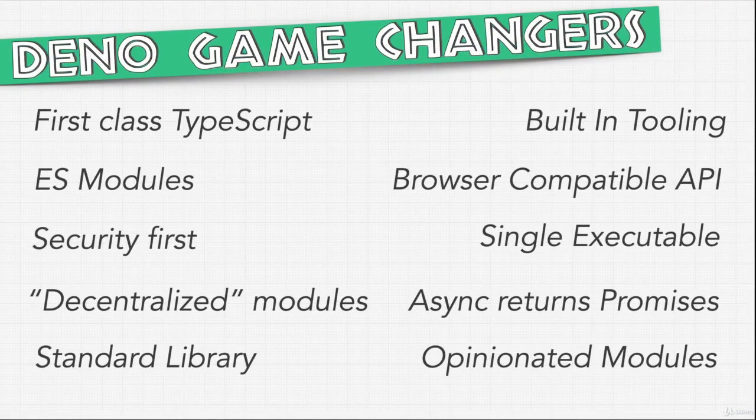Finally, Deno also has something that's very common in a lot of languages, like Python, a standard library. This is a library that the creators of Deno, that the contributors of Deno have actually approved. So although it doesn't come out of the box with Deno, it has these modules that are really, really useful, that have been tested, that have been made sure to work properly, and that are constantly updated.